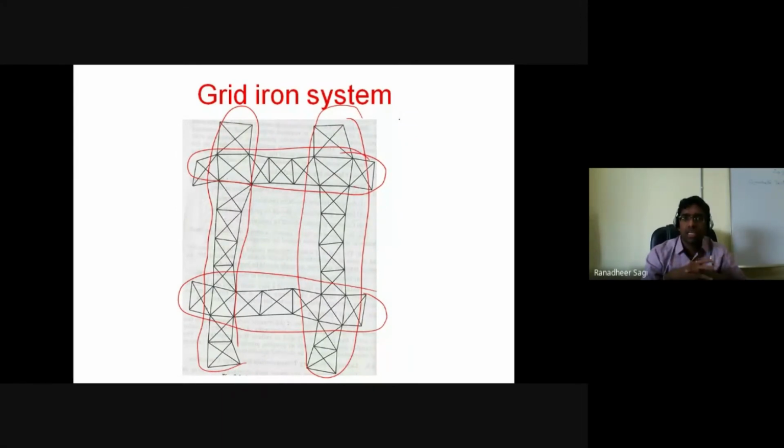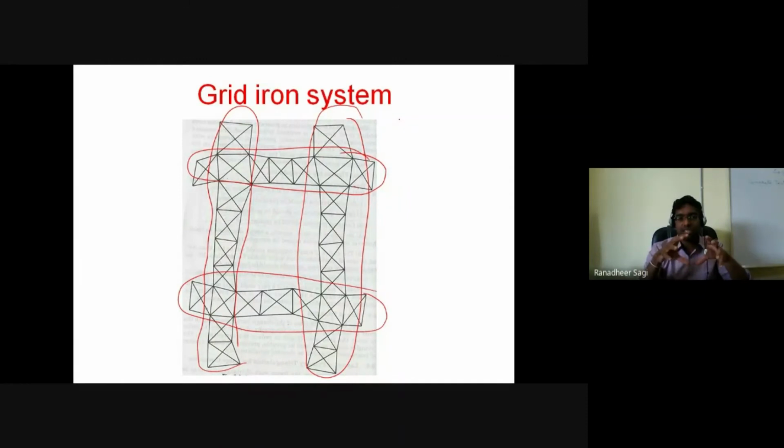For example, if I want to prepare a primary triangulation network for a country like India or maybe some other countries, we go for a gridiron system type of layout. When it comes to smaller countries, maybe like the United Kingdom and so on, we go for a centered system layout.